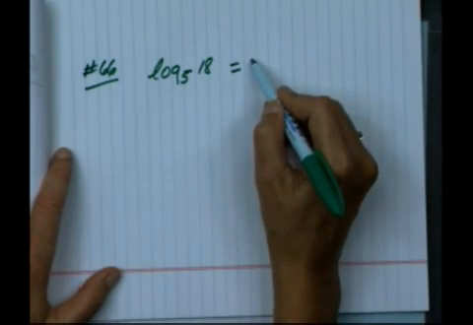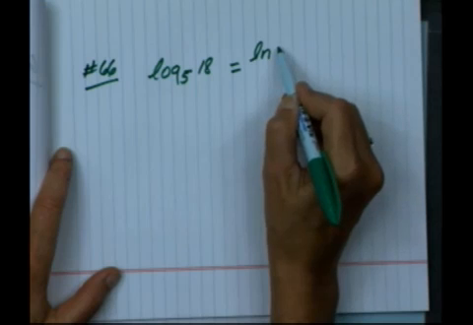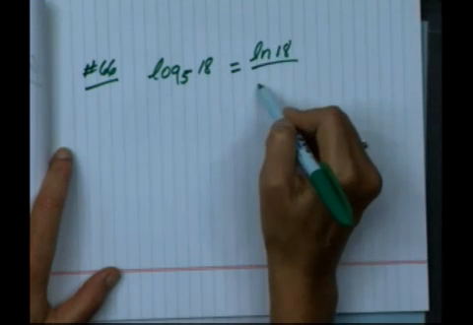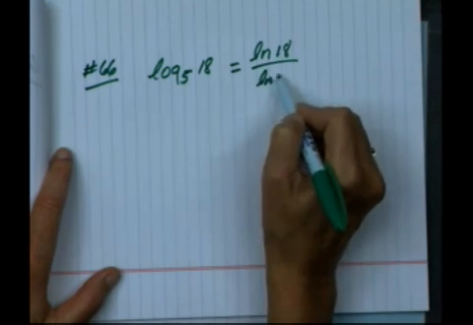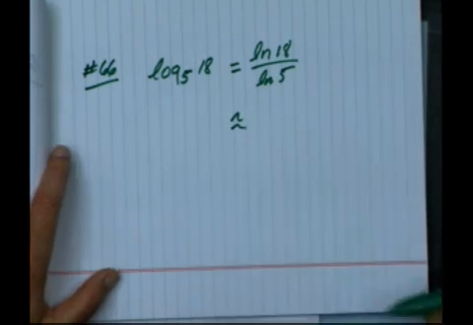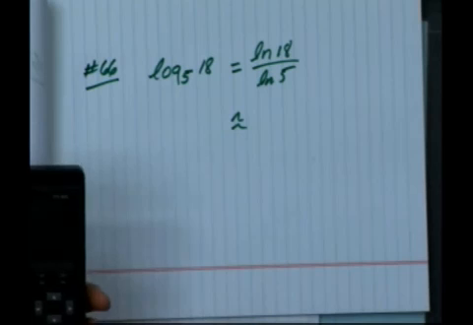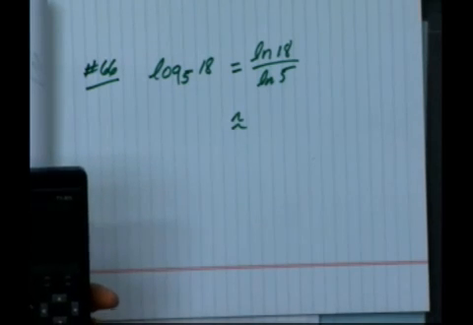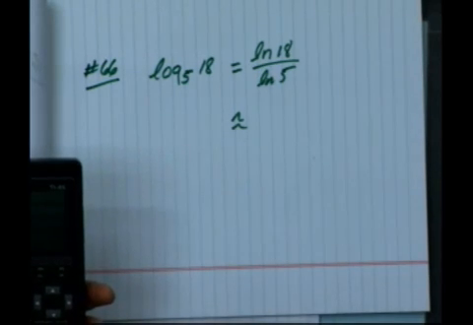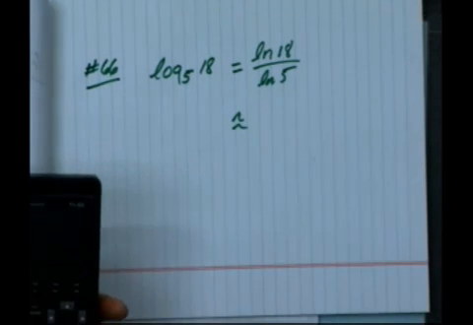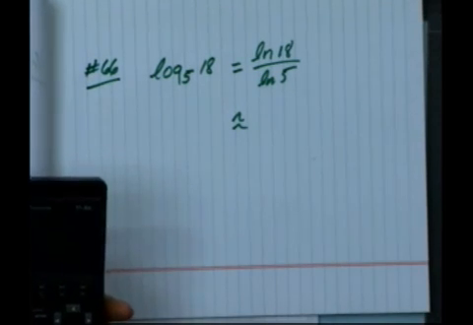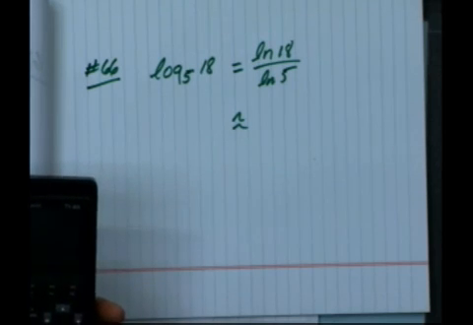What would it be? Natural log of 18 over natural log of 5. And if I wanted to find out approximately what that is equal to, I'd have natural log of 18 divided by natural log of 5.